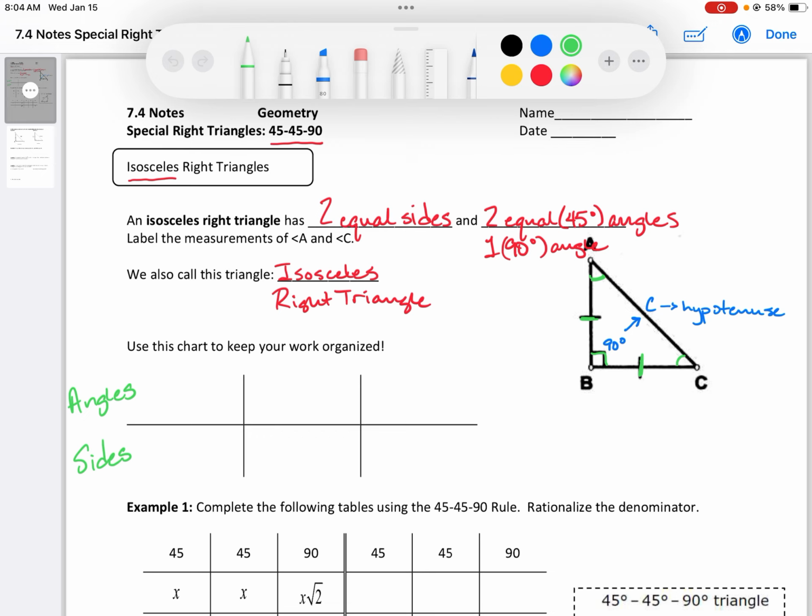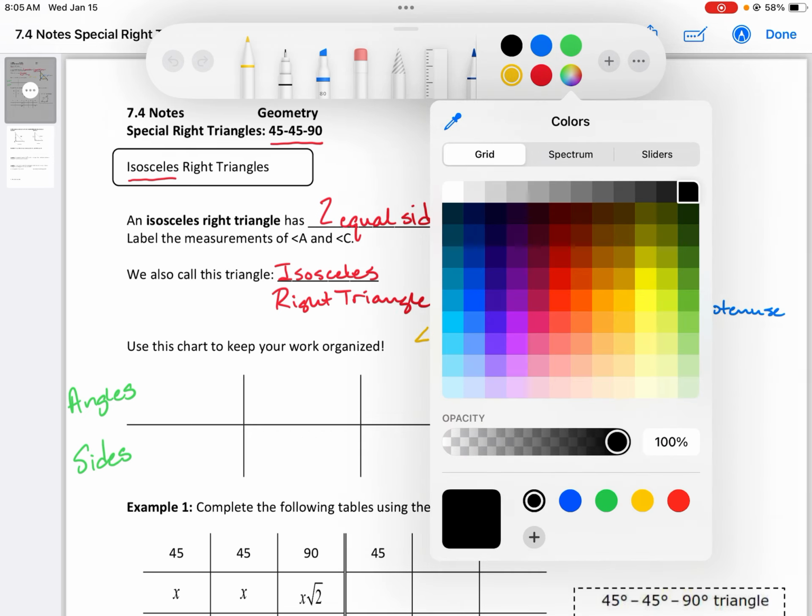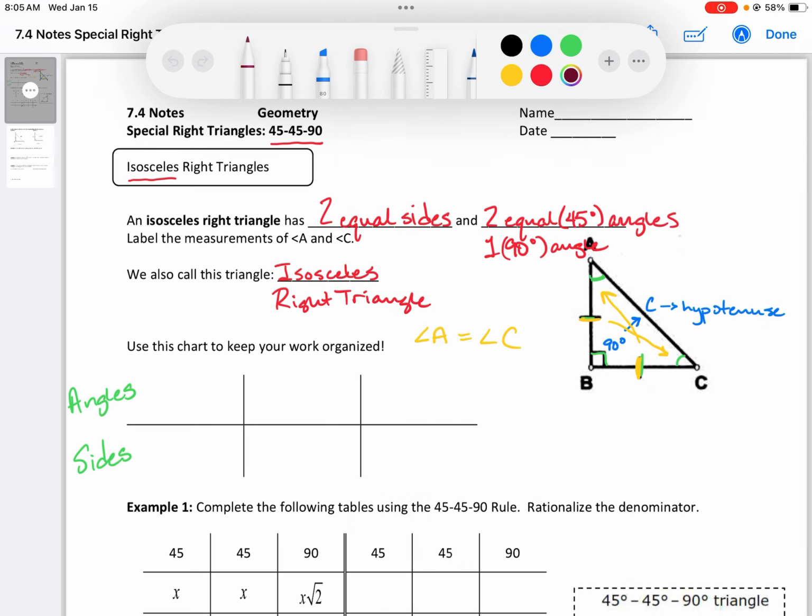In this particular triangle, if you go back a little ways to earlier this year, we talked about the fact that if a triangle has two sides that are equal, like an isosceles triangle, the angles across from those sides are also equal. So that means angle A equals angle C. And doing some quick math, you know that all the angles in a triangle have to add up to 180.